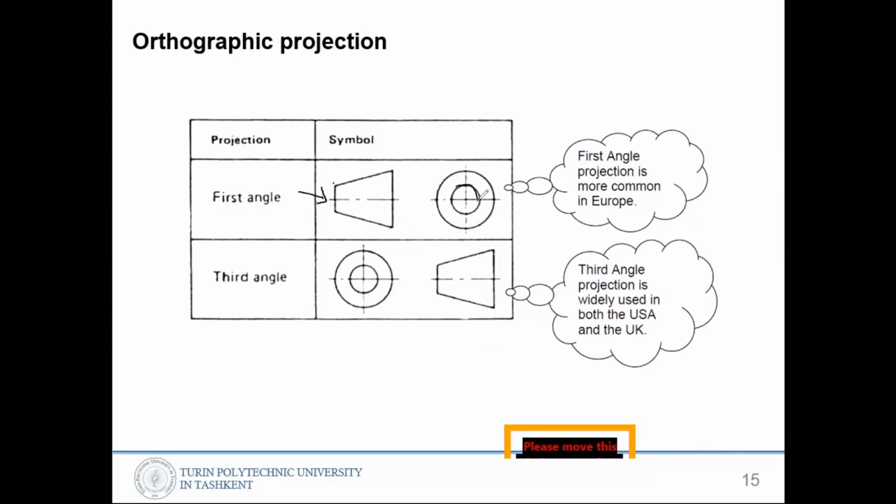So this is the small edge, and that is the big circle. In the third angle, if you look from here, the small edge will appear here, and the big edge will appear here. So this kind of description or symbol you will have in the corner of your drawings.